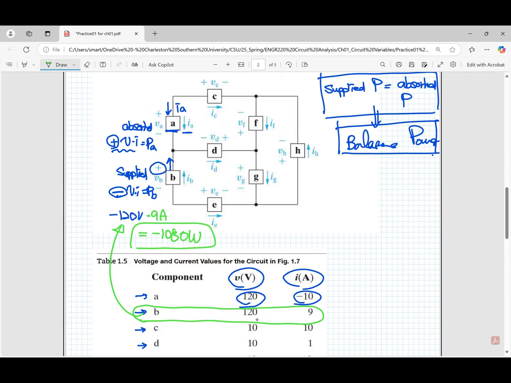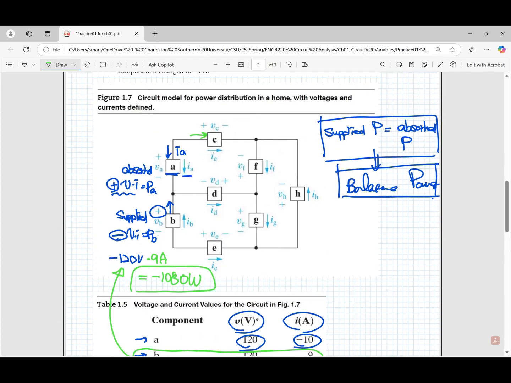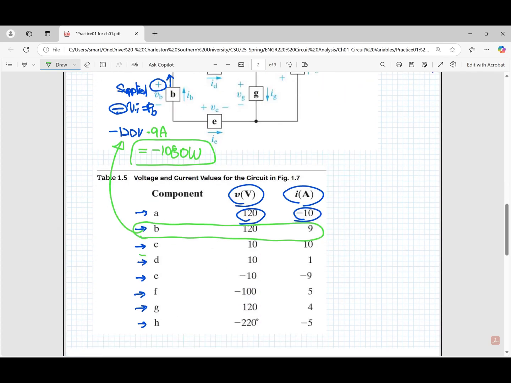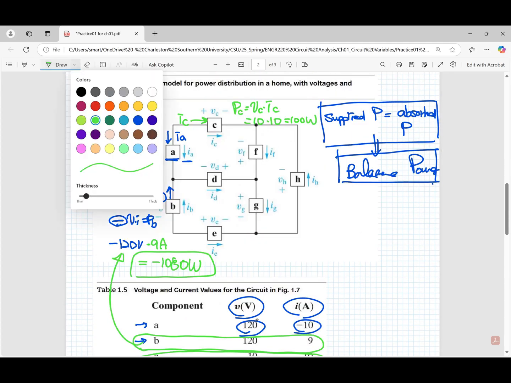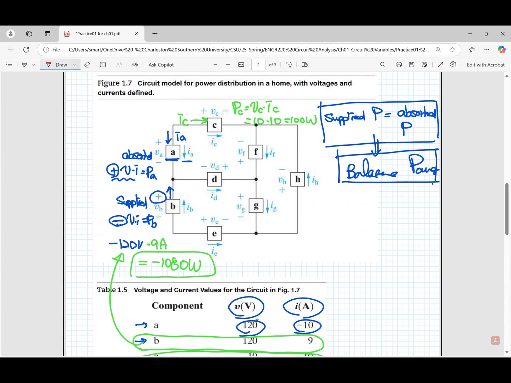How about C? This is I sub C. This is absorbing. So P sub C is what? That was 10 times 10, 100 watts, because of C right there. Same thing, the same pattern. So H is also absorbing.